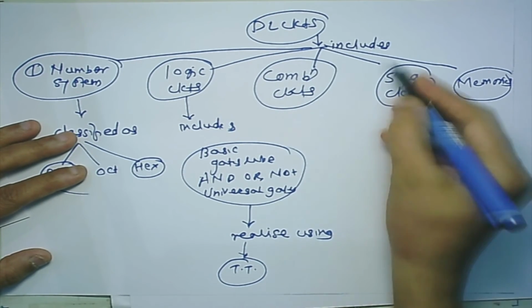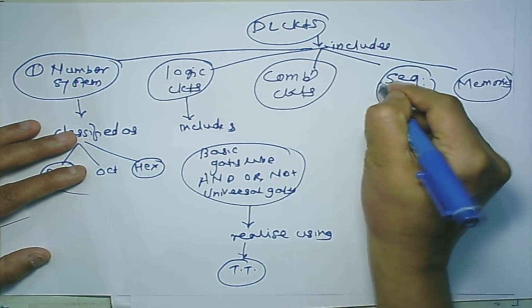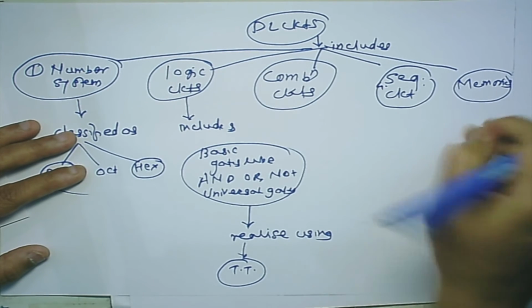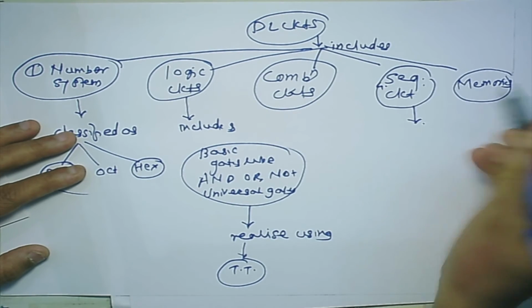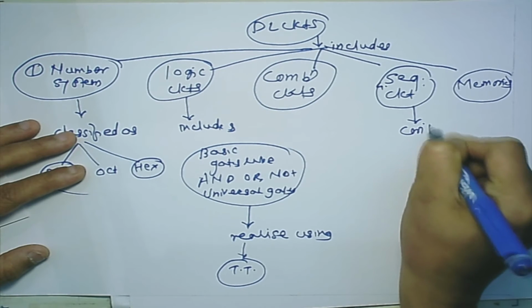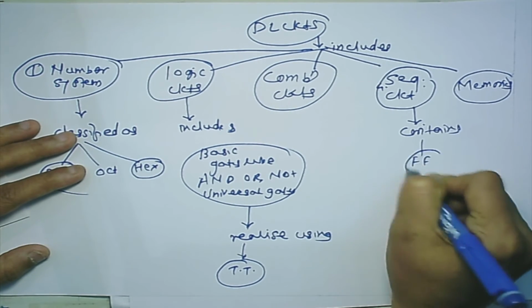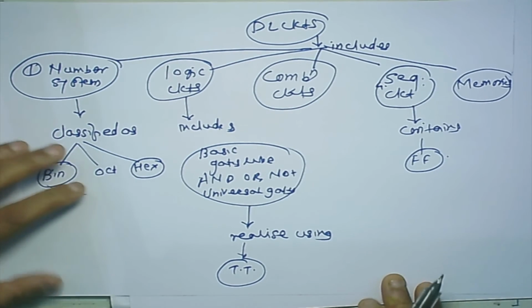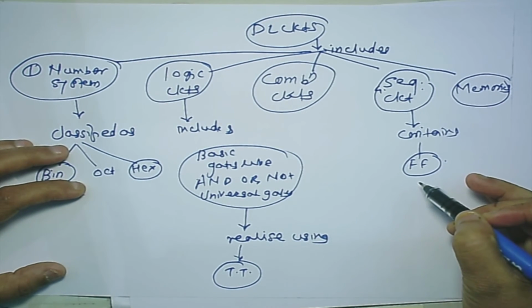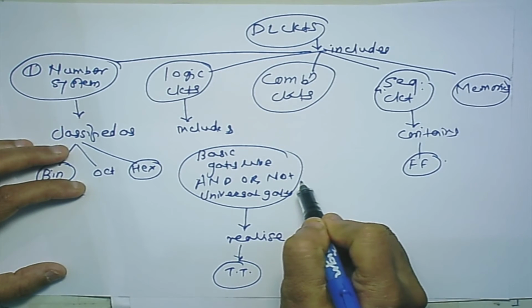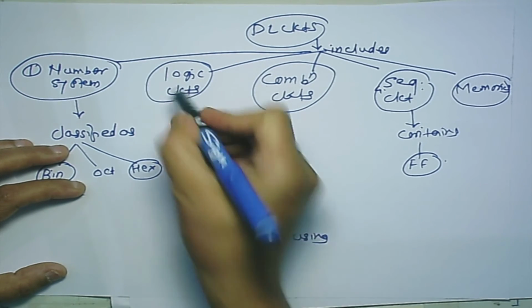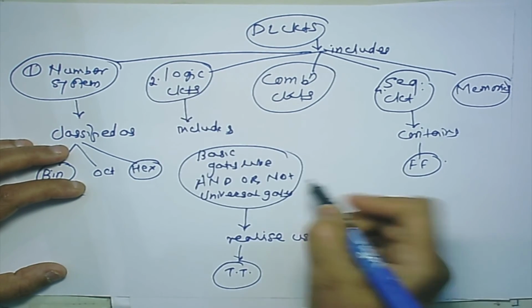Now, this being the fourth chapter in the module, the sequential circuit contains flip-flops. This is another concept. In order to realize flip-flops, you will require the concept of basic gates as well, which is the second chapter.